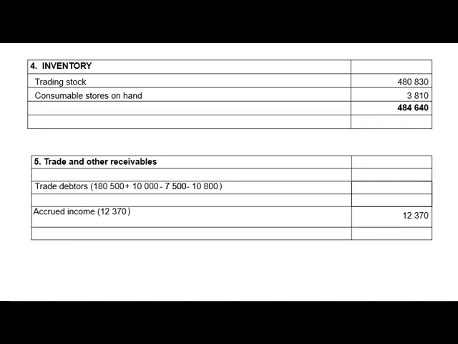And my final debtors control amount here will be 172,200. Take that amount and multiply it by 5%. It'll give you provision for bad debts that must be recorded in this specific note. So take 172,200, multiply it by 5%.